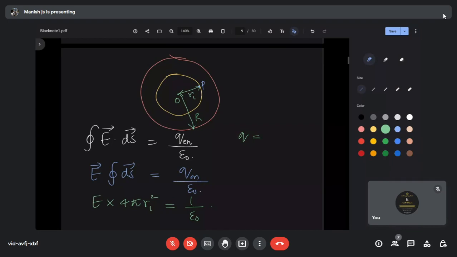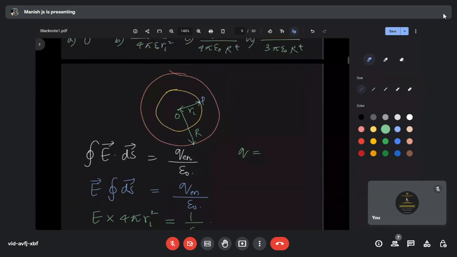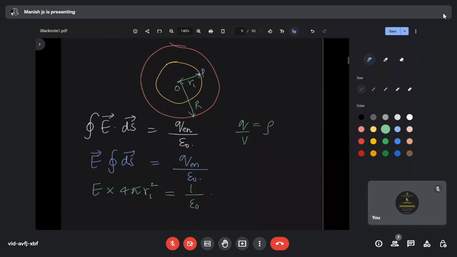It is a volume charge distribution. The volume charge density formula is Q by V. In this case they have given you rho. So Q by V is equal to rho. This is the relationship. Overall we are finding the volume, so Q is equal to V into rho.